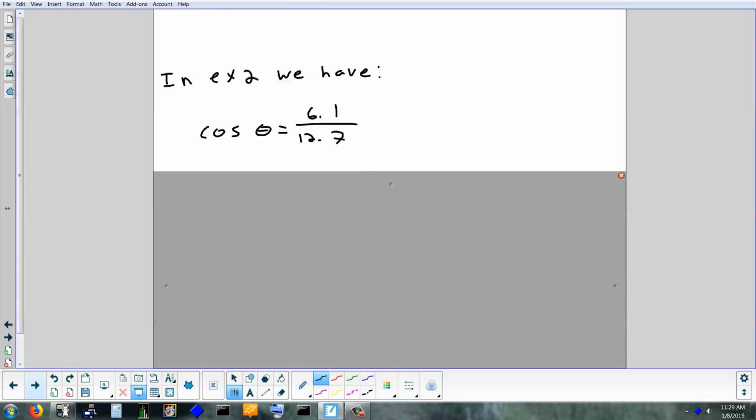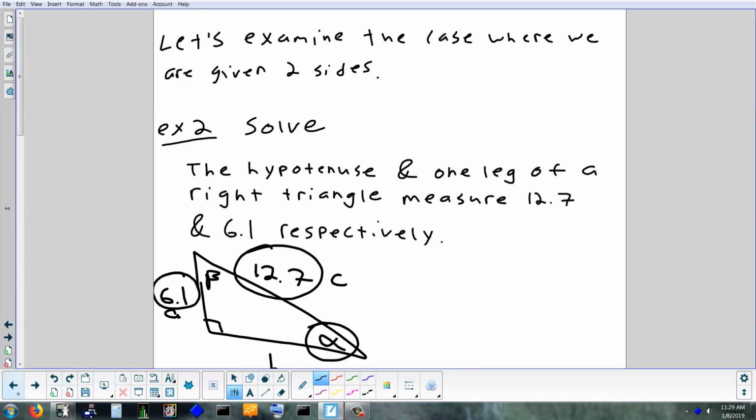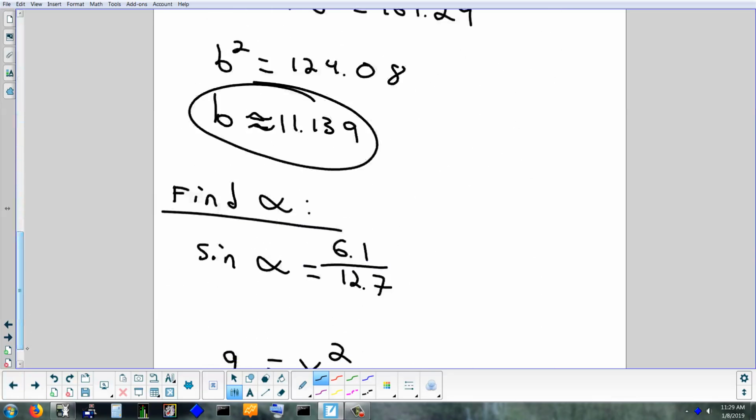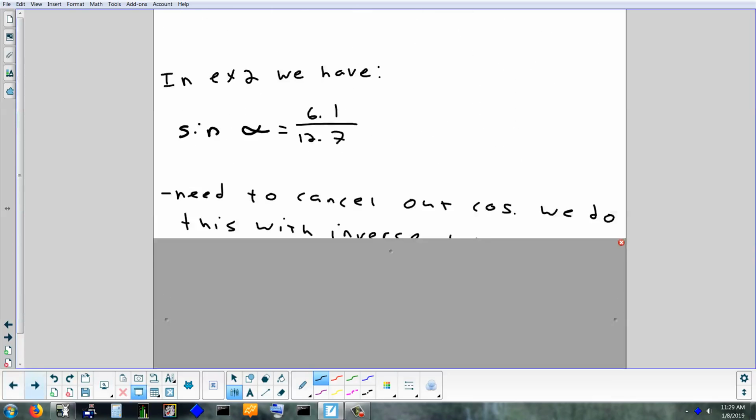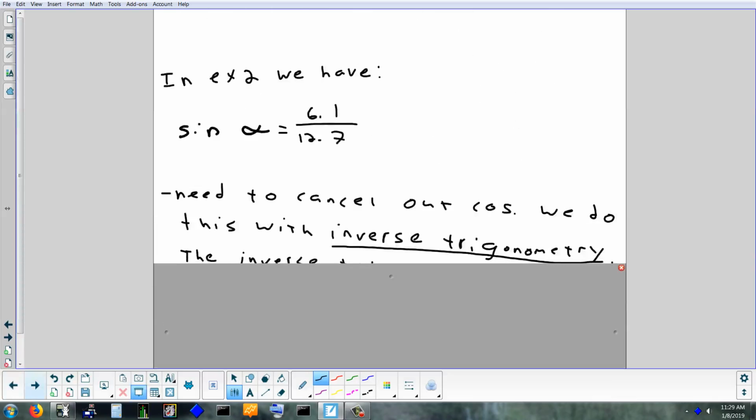Let's take a look at how we would cancel out the sine function. Right now, we chose to do sine, which is fine. We have the sine of alpha equals 6.1 over 12.7. So we need to cancel out sine. How do you cancel out sine?